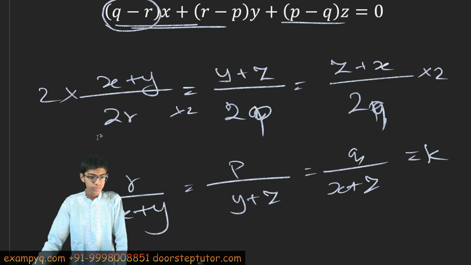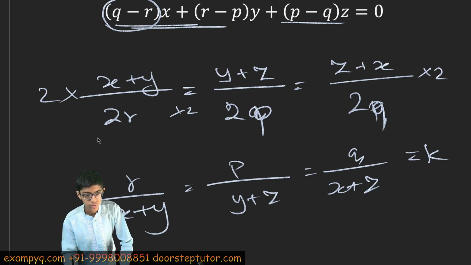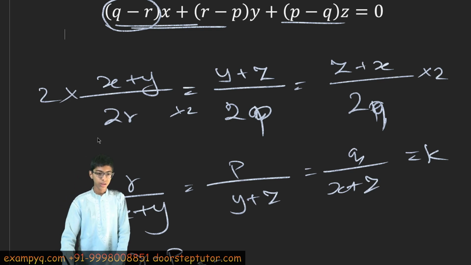Now we will subtract the first two. So we have r minus p by x minus z, but this is not equal to this. This is equal to the other terms, we just find.